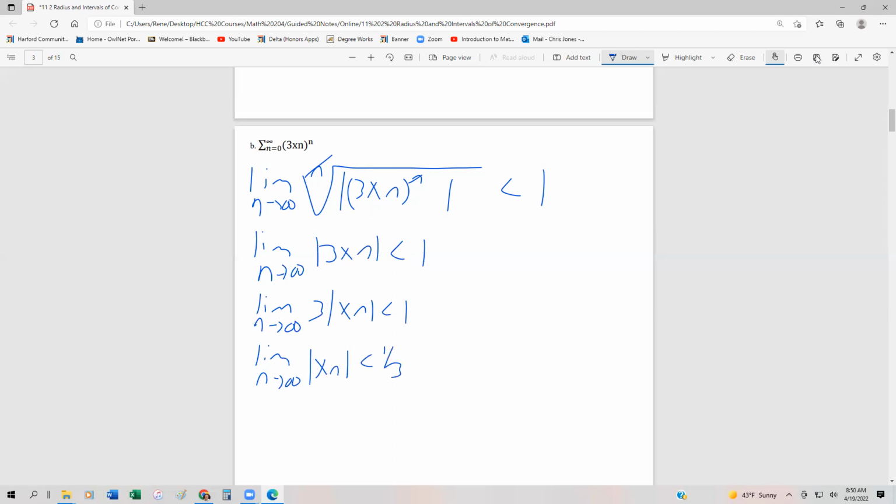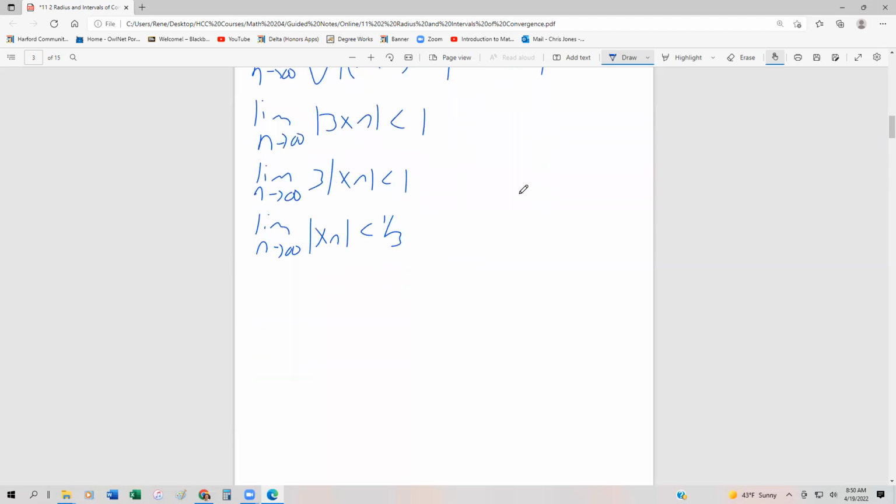Although it's not going to matter, because if we take the limit as n goes to infinity, this is never going to be true. Think about this: it's going to be the absolute value of x times infinity, which is less than 1/3.